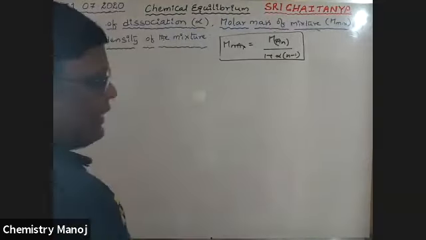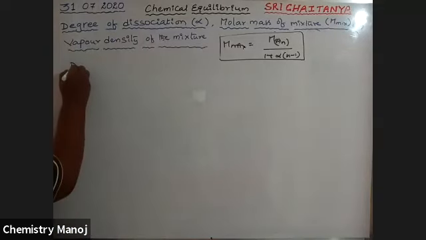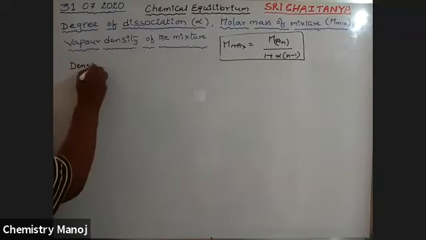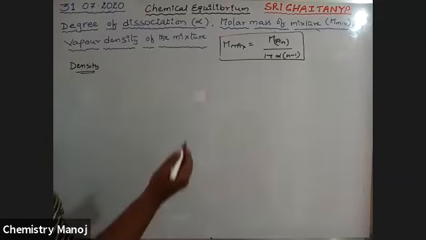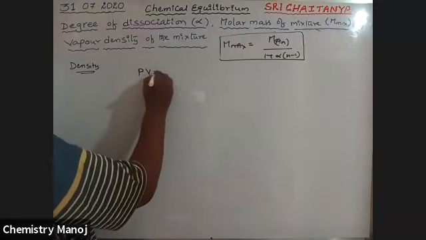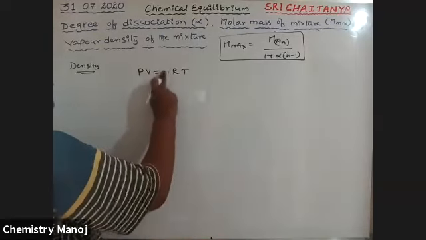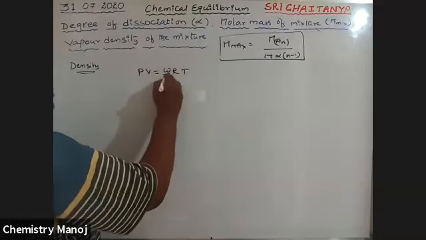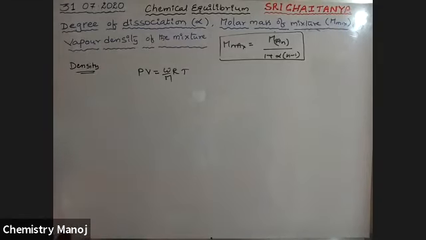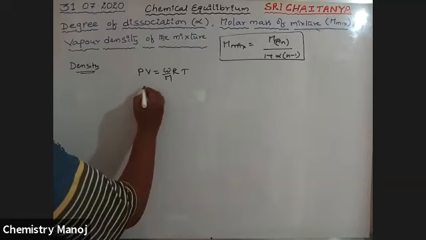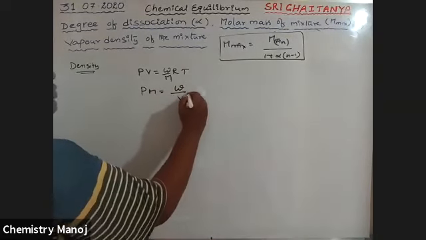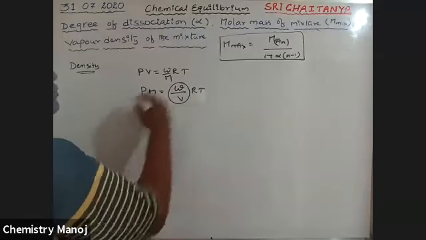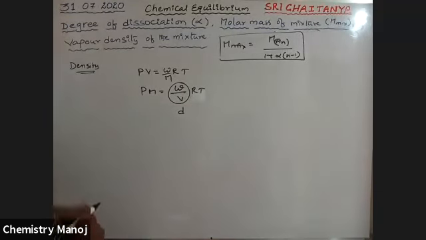Now our target is density calculation. What is density? We know for an ideal gas, PV is equal to nRT. n means weight by molecular weight. Readjusting, PM is equal to weight by volume into R into T. Mass per volume is nothing but density.